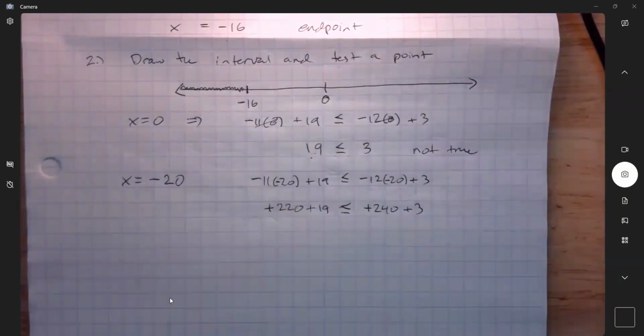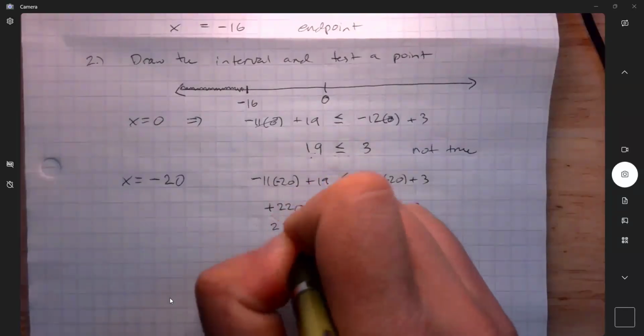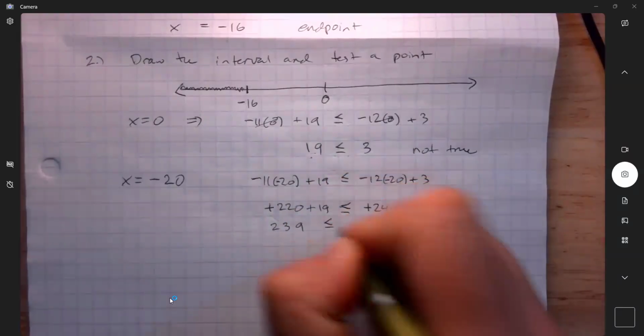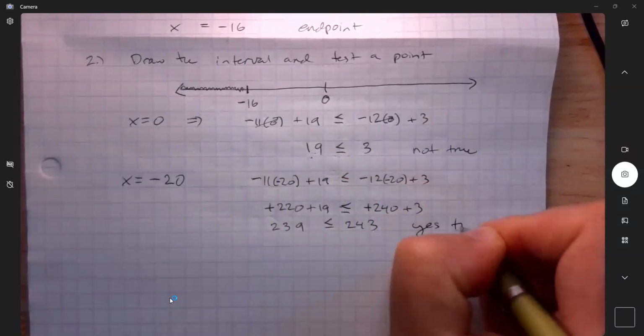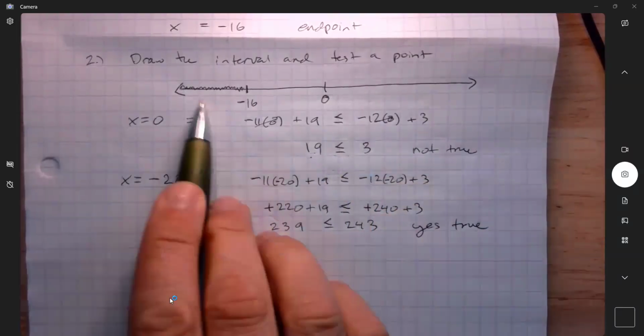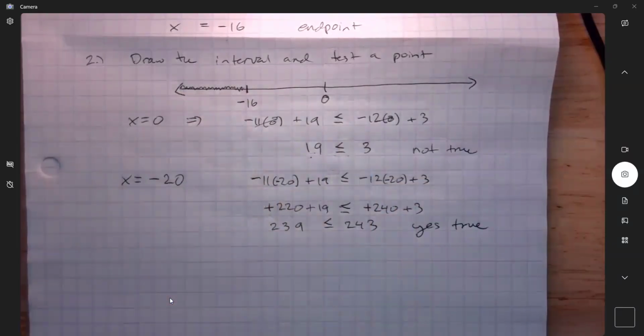And now I'm going to get the right answer, thankfully, because otherwise that wouldn't have been very helpful. 220 plus 19 is 239. 240 plus 3 is 243. This is true. So -20 down here works. So all of those numbers down there work.